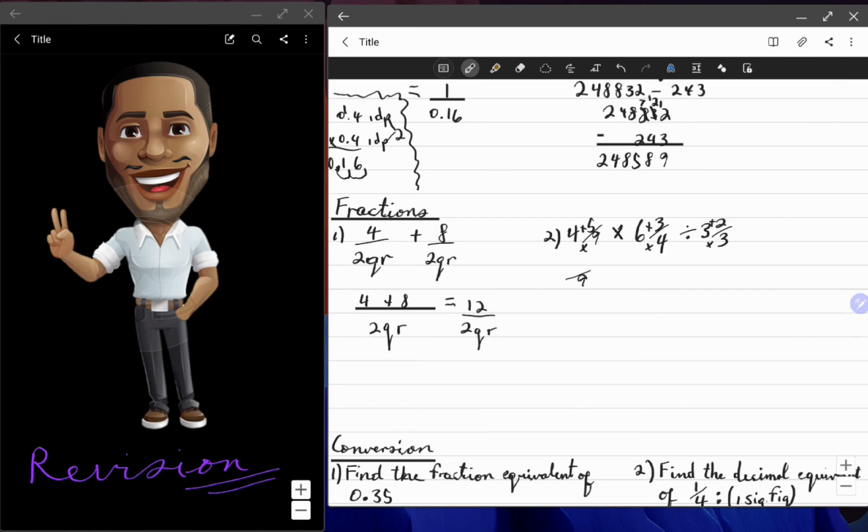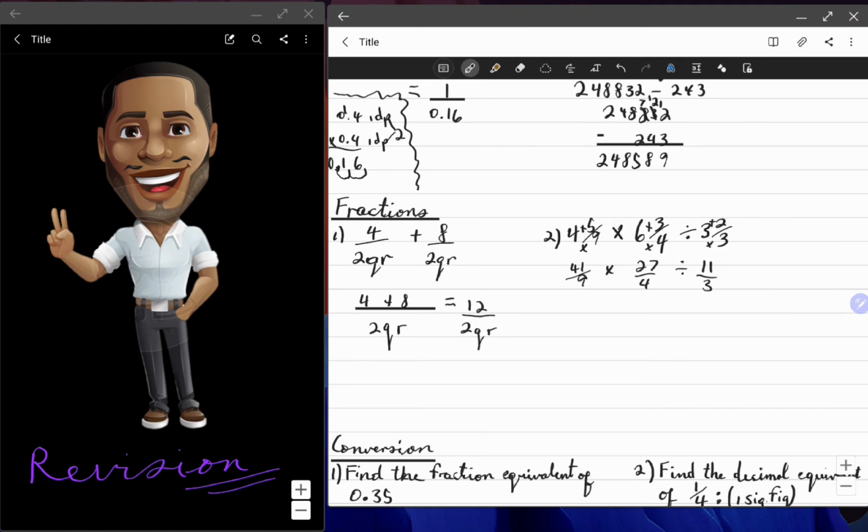Nine times 4 gives us 36, plus 5 gives us 41. Then 6 times 4 plus 3 will give us 27 over 4. Then 3 times 3 plus 2 will give us 11. And then we put that over 3.